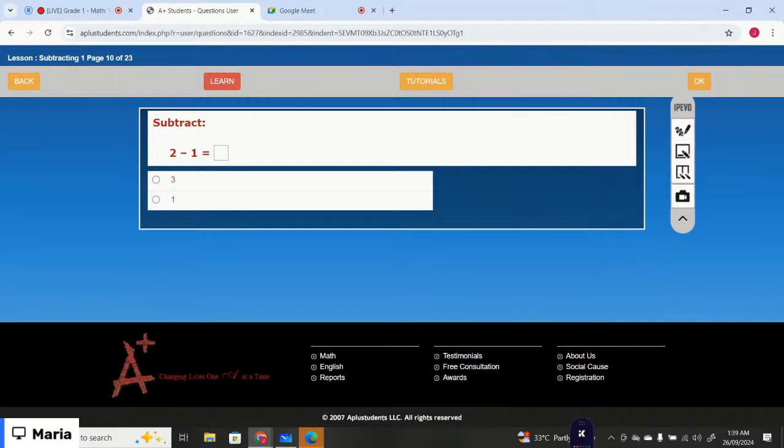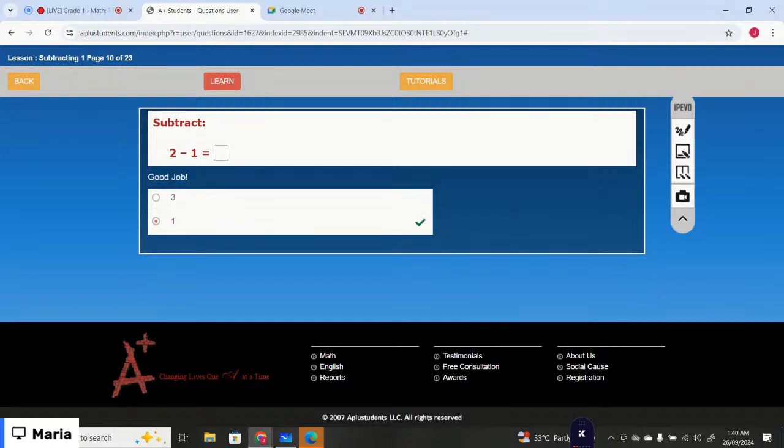The next one is 2 take away 1. So which is the correct option? The correct option is 2 take away 1 is 1, option number 2, right?